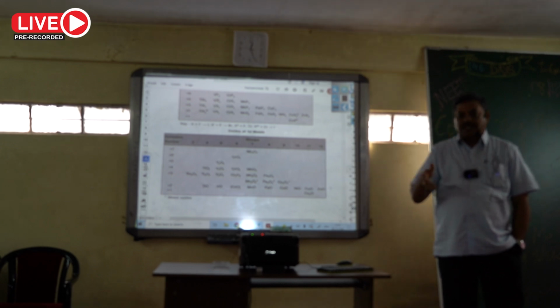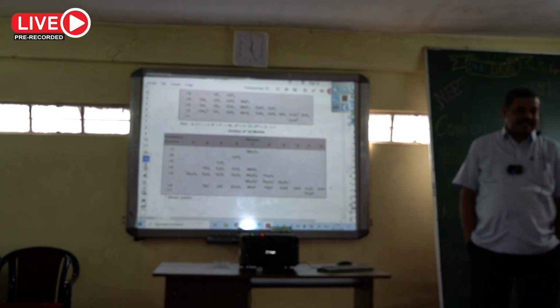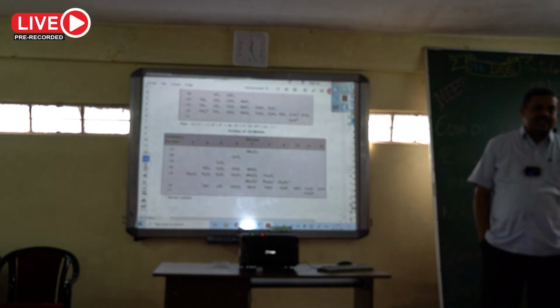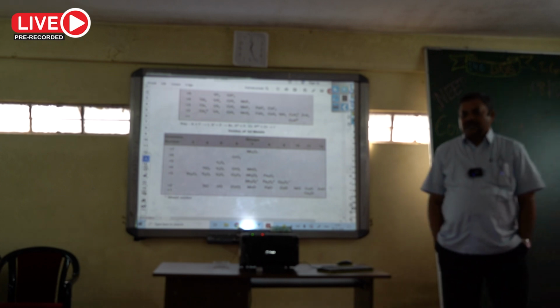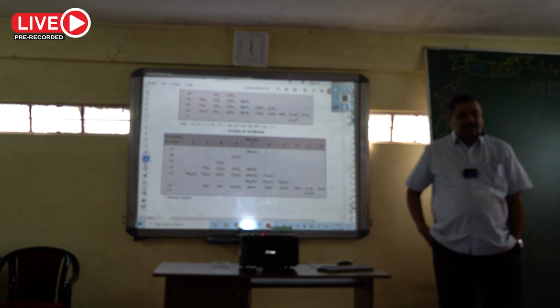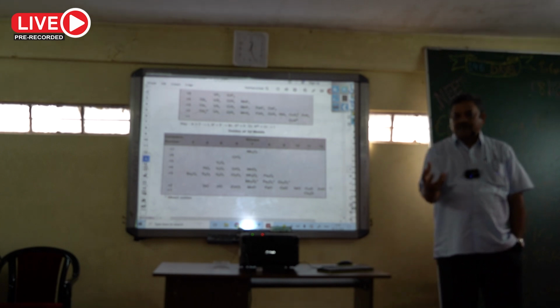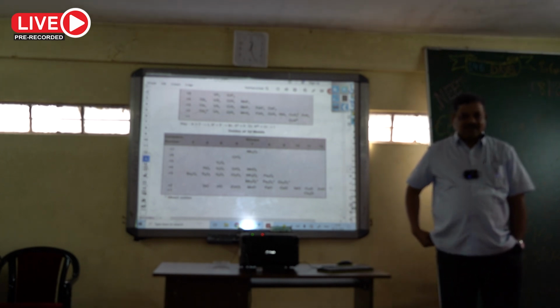For differentiating aldehydes and ketones, we use Fehling's reagent or Benedict's reagent. Fehling's or Benedict's reagents contain cupric sulfate, blue color solution. When an aldehyde is mixed with Fehling's or Benedict's and just warmed, immediately we will get red cuprous oxide.